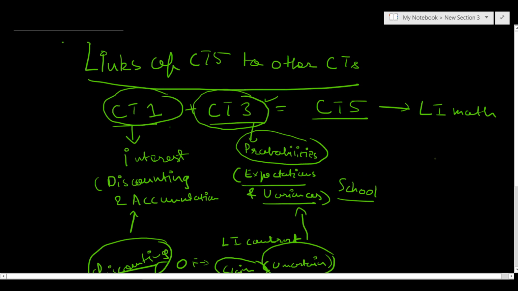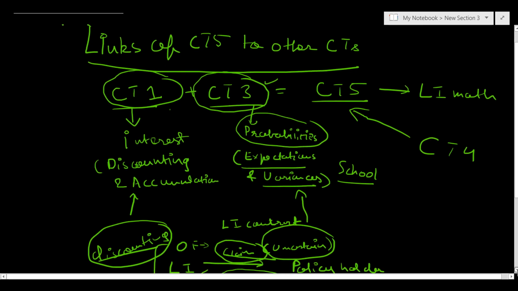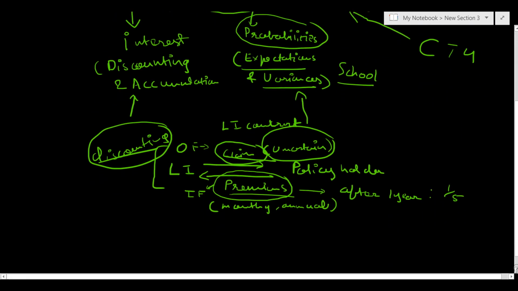One more knowledge CD5 requires is from subject CD4, as I told you about chapter 10, competing risks. With life insurance contracts, there is a thing called force of mortality.